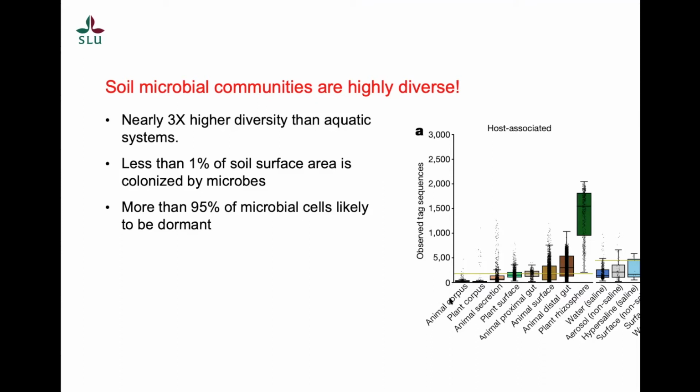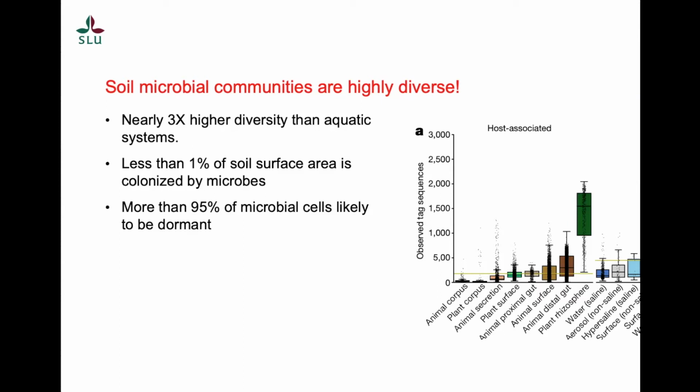But you can see that as you go across different types of habitats, from animal corpses to the surface of animals to, here's plant rhizosphere, that's in soil. I'll get into that later. And you have aquatic, so you have host associated and free living. So if you look at aquatic environments, so water, aerosols, hypersaline, very salty, surface waters, non-saline surface waters, marine.